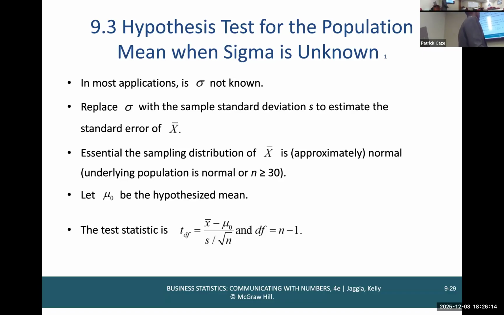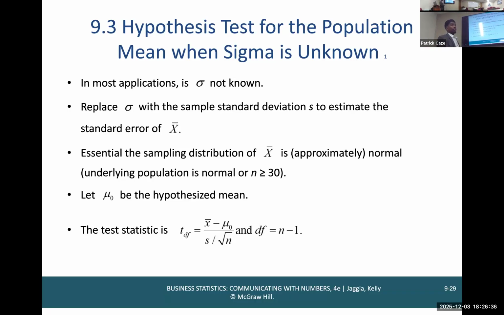The t statistic is equal to the sample mean minus the hypothesized mean, divided by the standard deviation of the sample divided by the square root of n, and degrees of freedom is equal to n minus one.